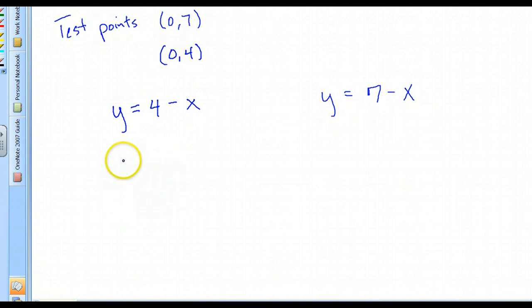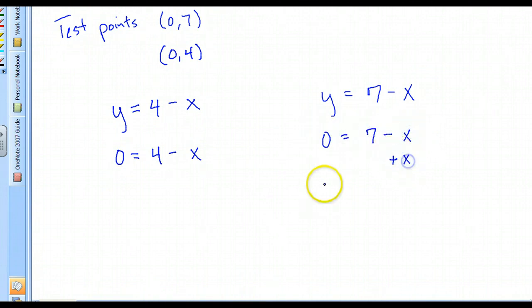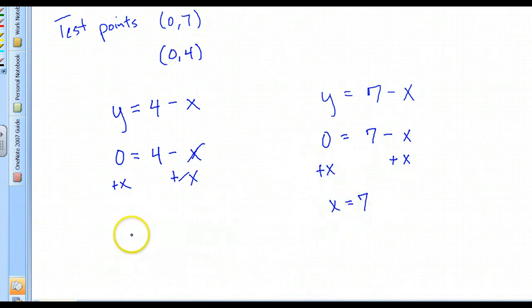If I want to find the x-intercepts, I make y equal to 0 in both of these. Alright, and then just isolate the x. Get the x over there by itself on both of these. By adding it to both sides and both equations. And I got obviously x equals 7 and x equals 4.